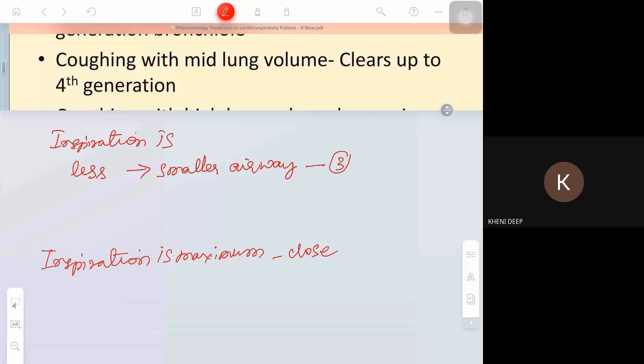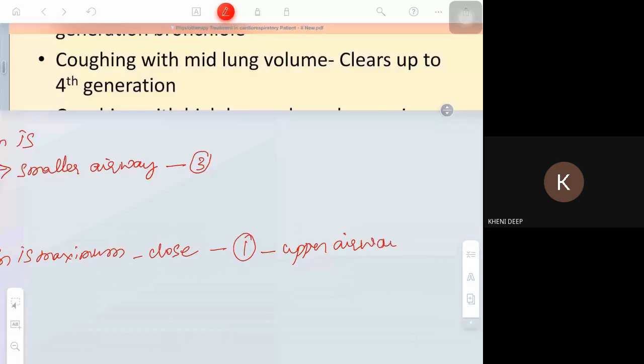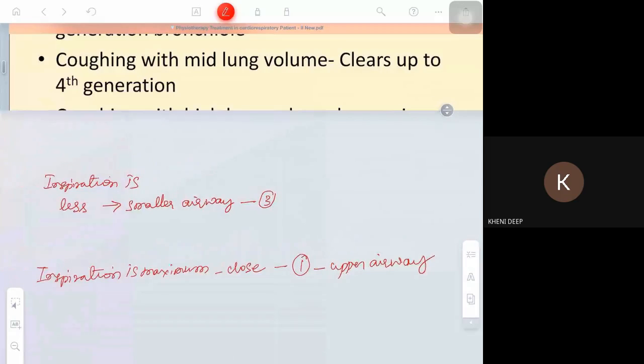You contract the abdominal muscles, perineal, all the 4 muscles, and then if you cough, which level will be cleared? It will be 1, that is upper airway. Upper airway will be cleared when the inspiration is maximum. Smaller airway or peripheral airway will be cleared when the inspiration is less.